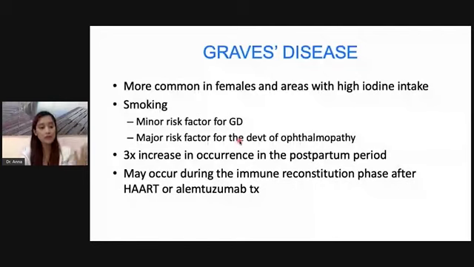It also makes the Graves' disease harder to treat. So that's one of the things that I advise my patients: stop smoking if you have Graves' disease. There's also a 3 times increase in occurrence in the postpartum period.